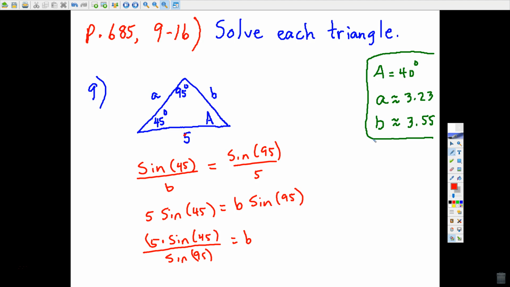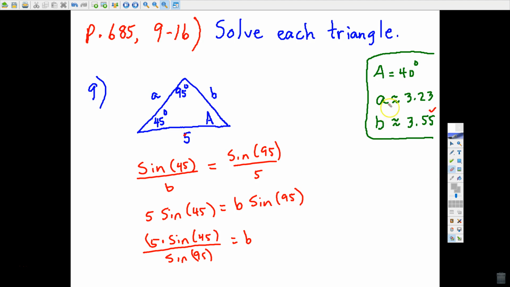So 5 sine 45, and sine 95. I'm using a different type of calculator on my iPad, so the process is a little different. And rounded, that's 3.55, so that checks out. Okay, so again, just make sure you understand how your particular calculator works to come up with these answers.